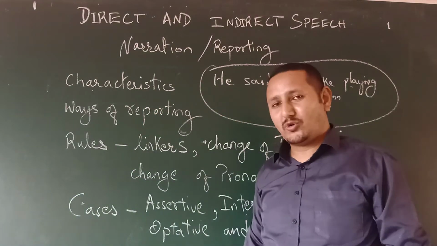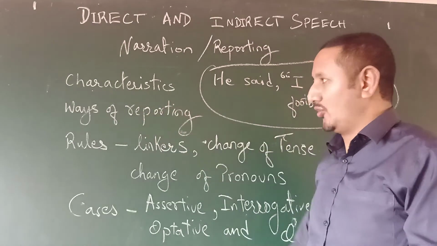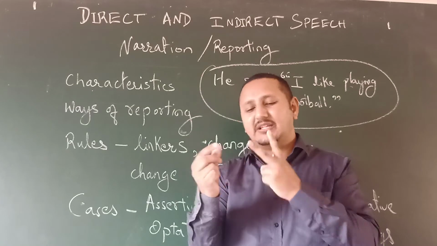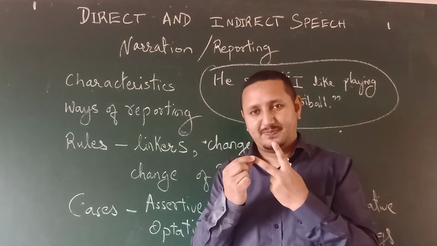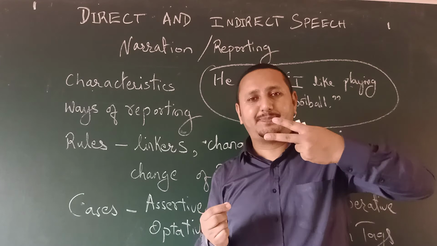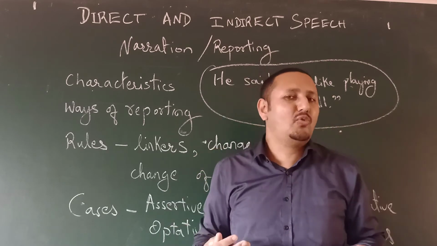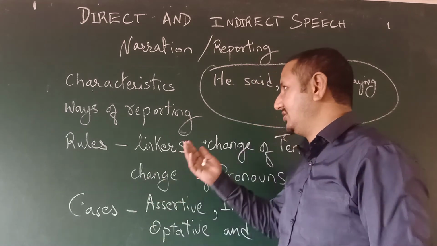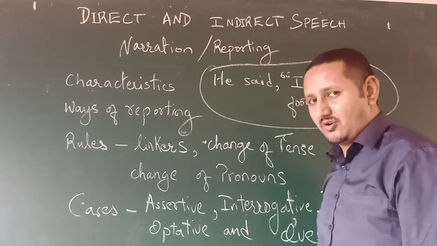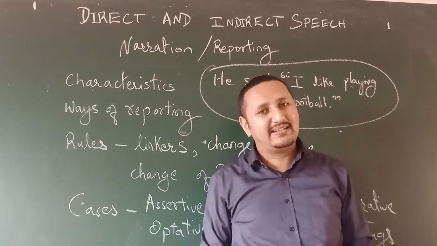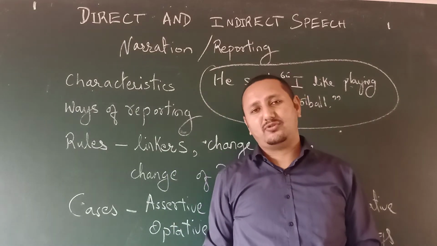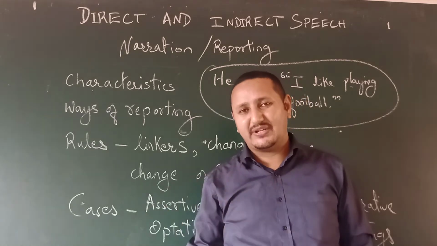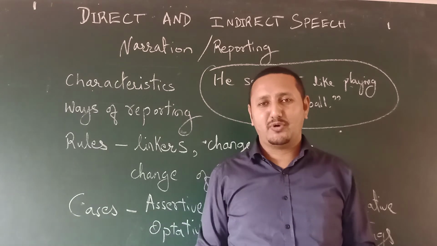So we'll go to the next section, that is, ways of reporting. There are two different ways of reporting. One is direct speech, the other is indirect speech. Both of these are ways of reporting. Whenever you want to report using direct speech, you should always report in this manner, within inverted commas. But whenever you want to report in indirect speech, you have to apply the rules of changing direct to indirect, and then you report it likewise.